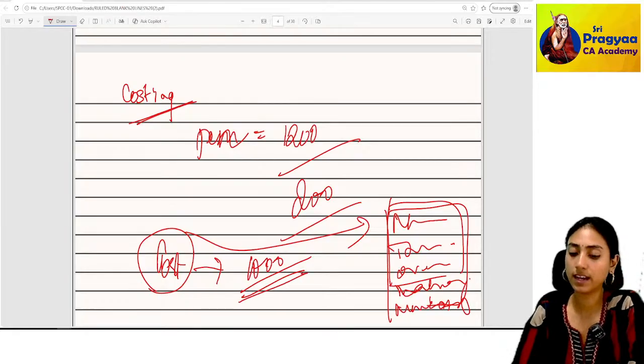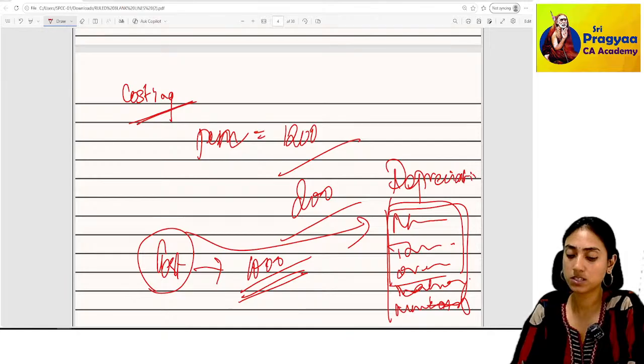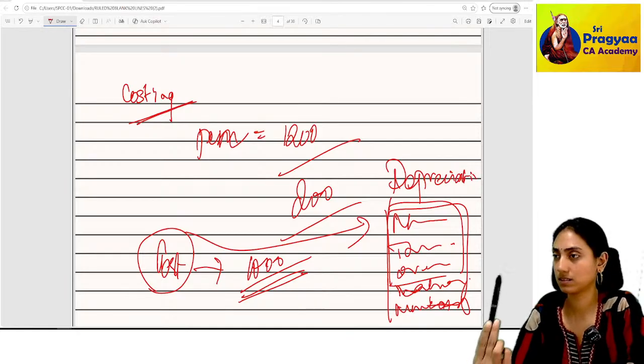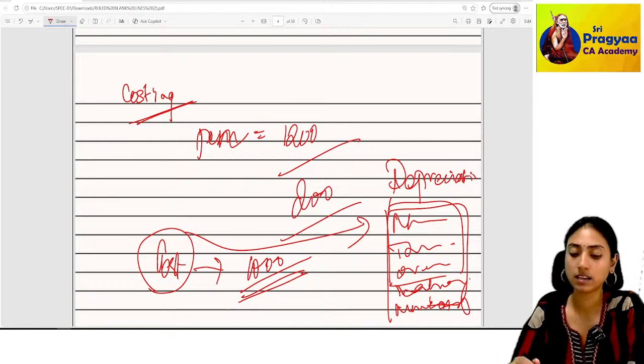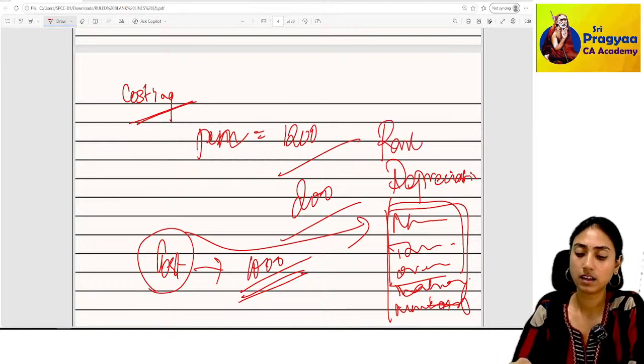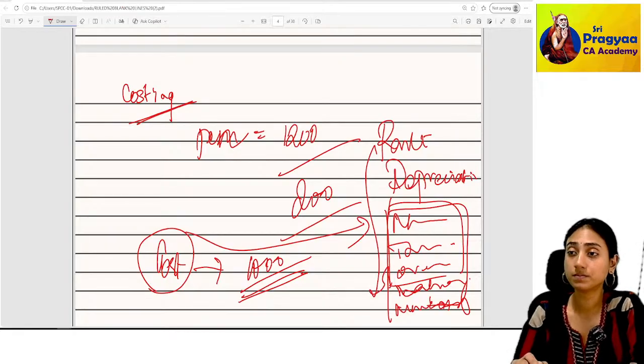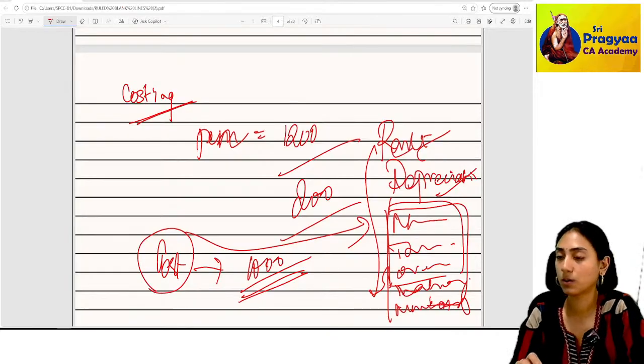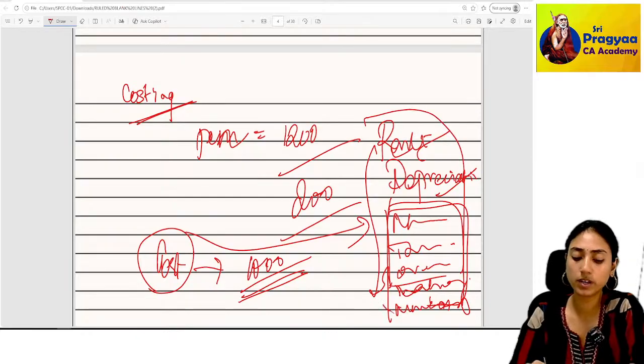In fact, there is depreciation on your machinery, since the pen is not handmade, a machine makes it. There is rent. All these are overhead costs. Depreciation, rent, all these go into the cost of making this.